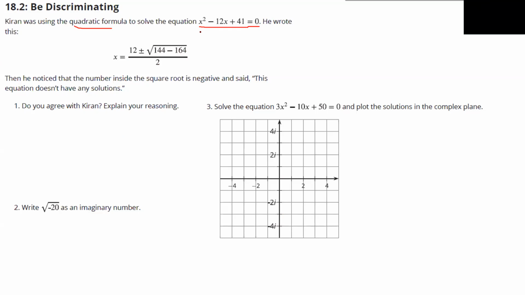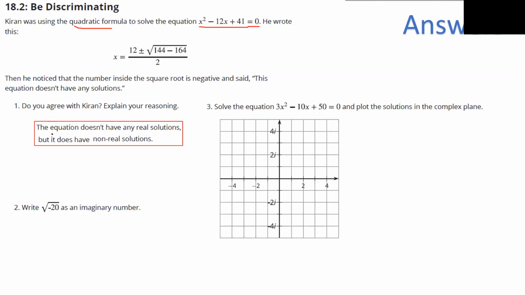All right, so now that you guys had a chance to put your answer, let's go ahead and go over it. So do we agree with Kiran or not? If you said the equation doesn't have any real solutions, but it will have non-real solutions, then you are correct.